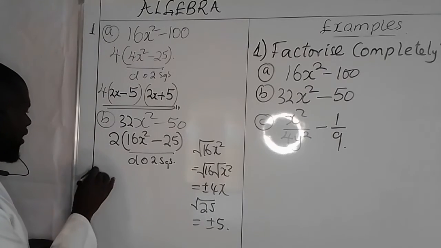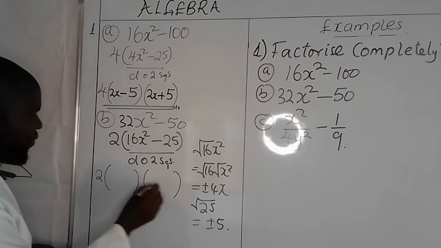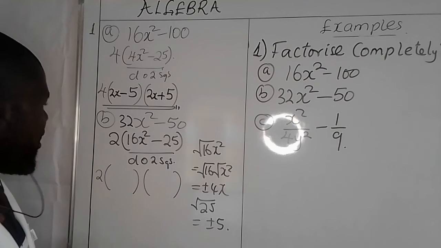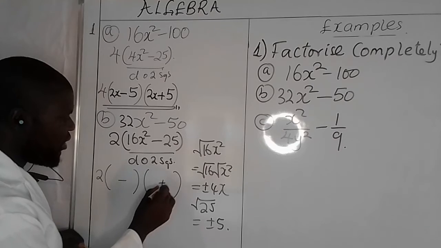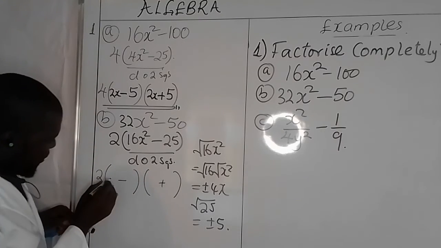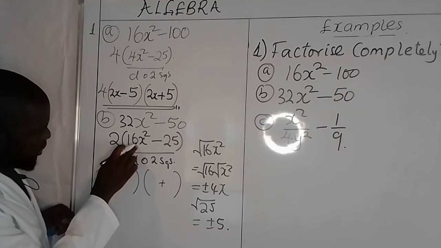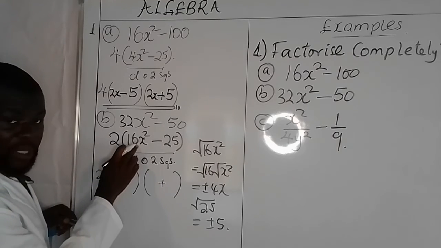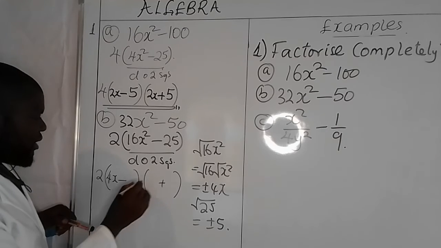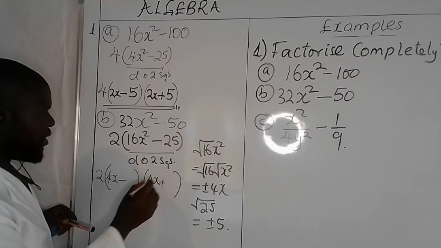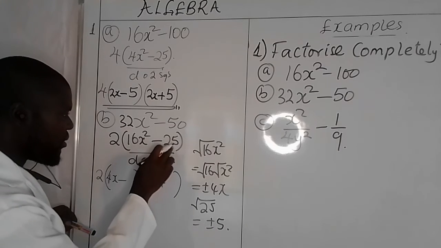So now, factorizing a difference of 2 squares, you know you are going to have 2 factors apart from the 2 that you have. One of the factors will be negative, the other one will be positive. The square root of 16x squared is 4x, so write 4x here and 4x there.